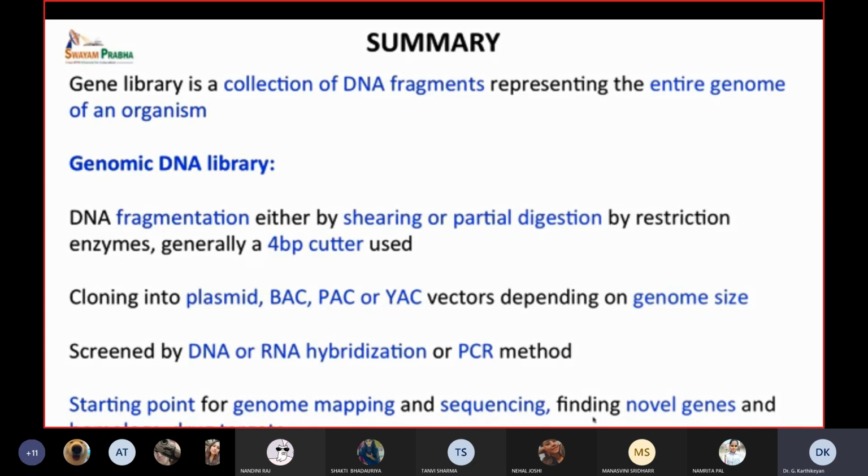So genomic libraries are important for finding novel genes and also for finding homologous genes, and also they are very useful for finding the drug targets.